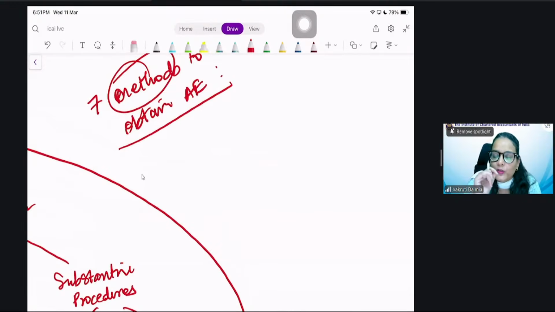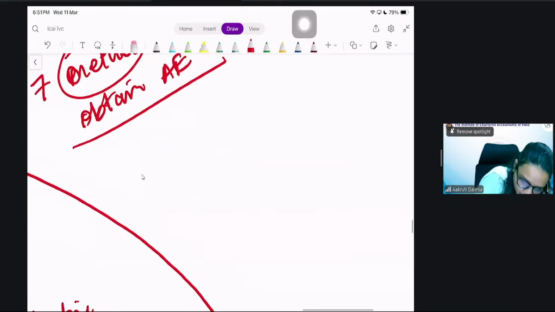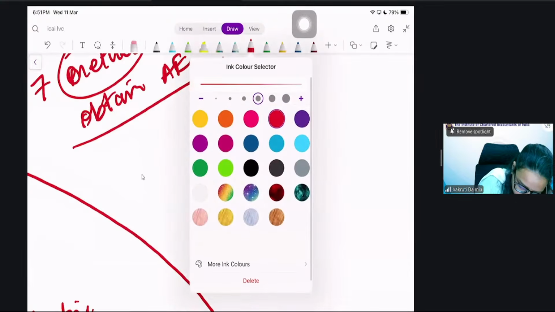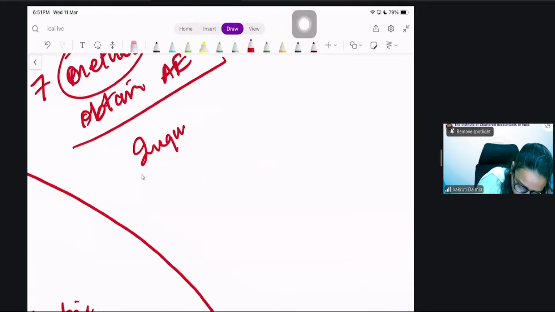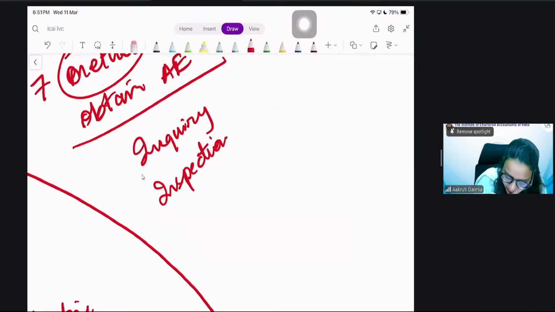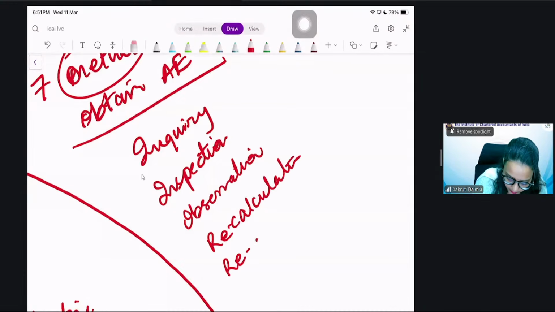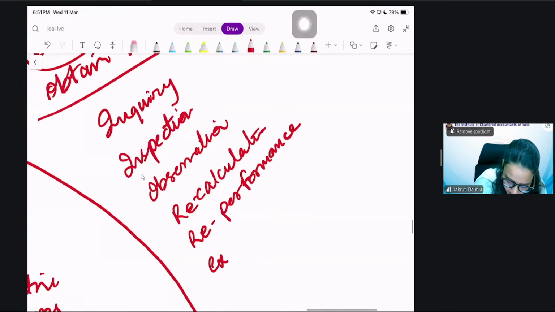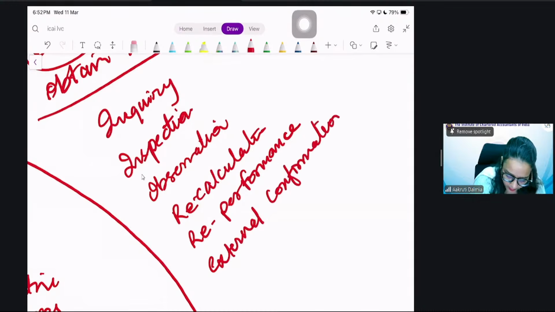Here also we wrote inquiry, inspection, observation, recalculation, reperformance. Those who have not written external confirmation, I'm writing for you. And there was analytical procedures.